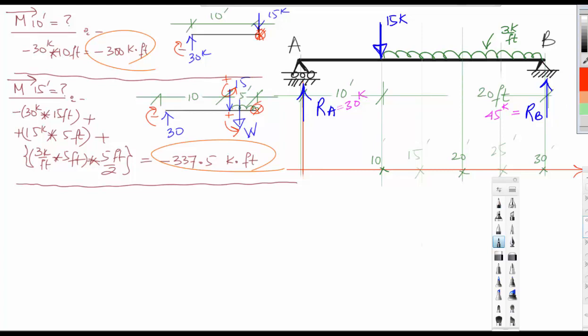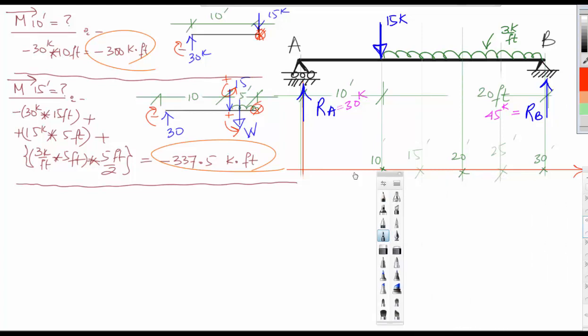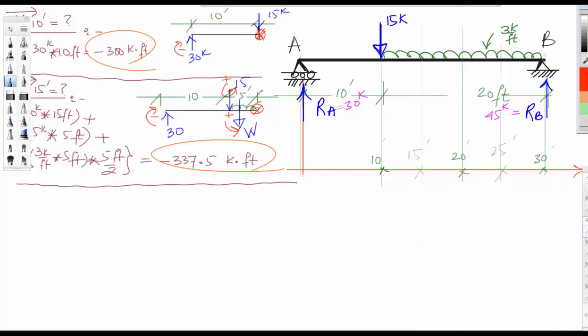And this is the other force, and here is the uniform load, and this point is where we're taking the moments about.